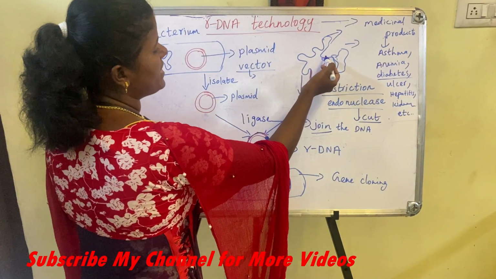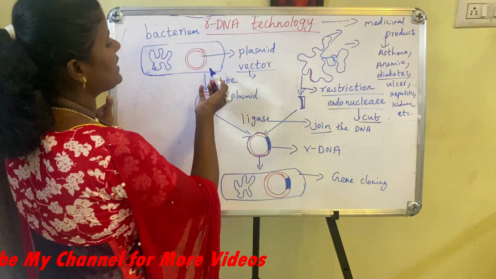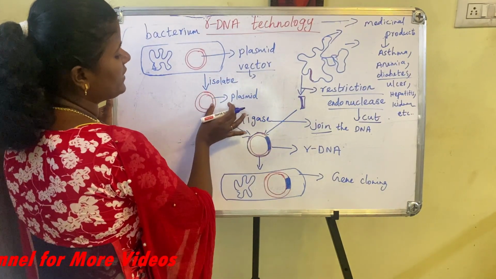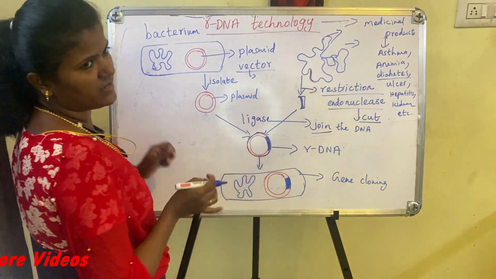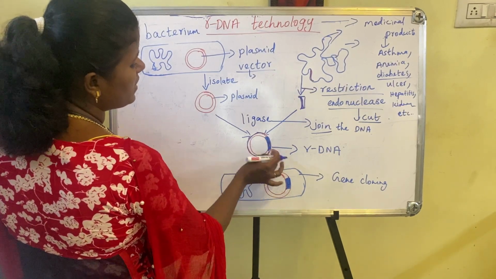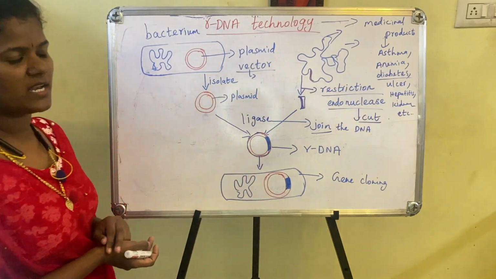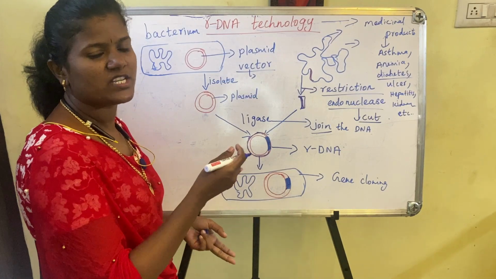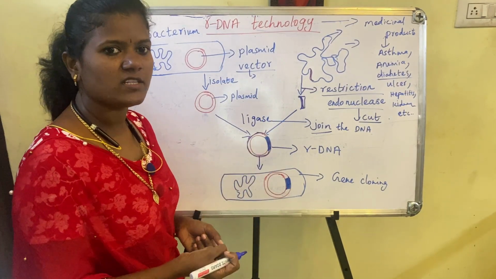We take the insulin coding gene, then isolate the plasmid, then join the plasmid vector with the insulin coding gene. Then we insert the rDNA into the bacterial host cell. Inside the host cell, this insulin coding gene will replicate. Finally, we collect the insulin gene.